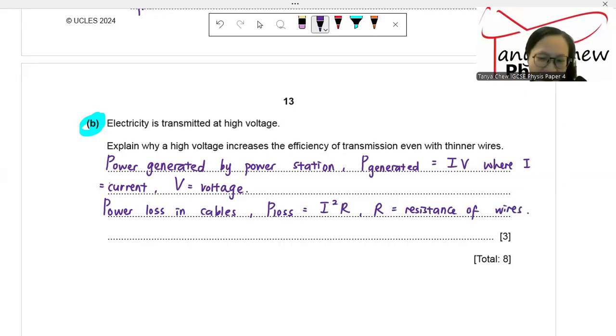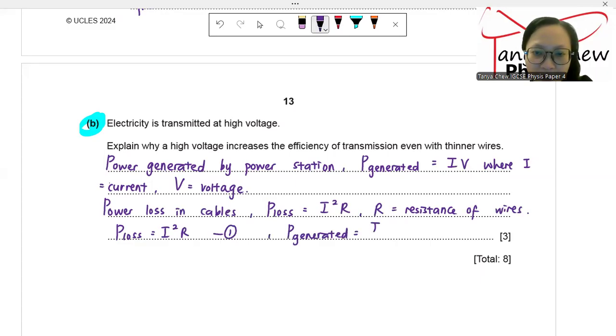Now, I want to make use of these two equations that I introduced here. Since I have already explained all the symbols that I use, power loss is equal to I squared R, and power generated is equal to IV.